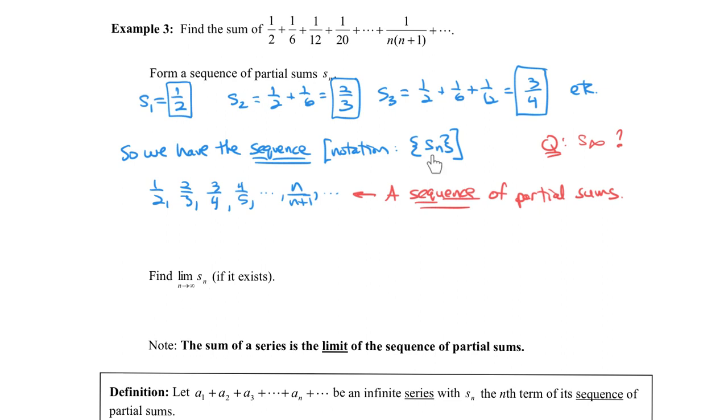So it looks like S sub n is this, because for instance, S sub 2, if I use this, it's going to be 2 over 3. Sure enough, S sub 2 is 2 over 3. So in this particular case, we can find a pattern for the nth term of this sequence of partial sums, right? We can find a pattern for it. Can't always do it, but we can here.